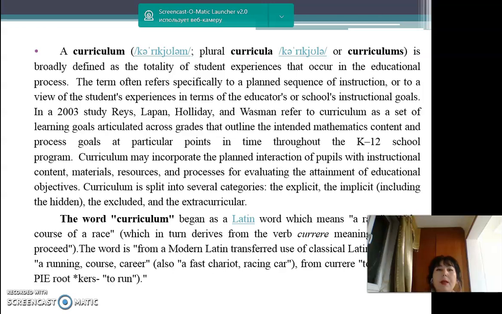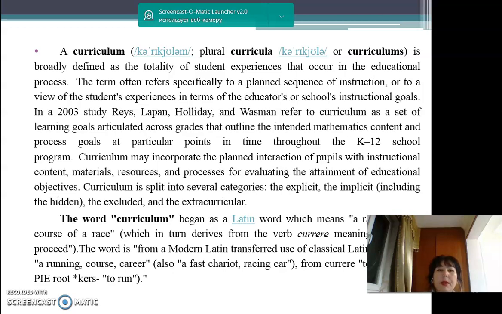Curriculum may incorporate the planned interaction of pupils with instructional content, materials, resources, and processes for evaluating the attainment of educational objectives. Curriculum is split into several categories: the implicit, including the hidden, the excluded, and the extracurricular.